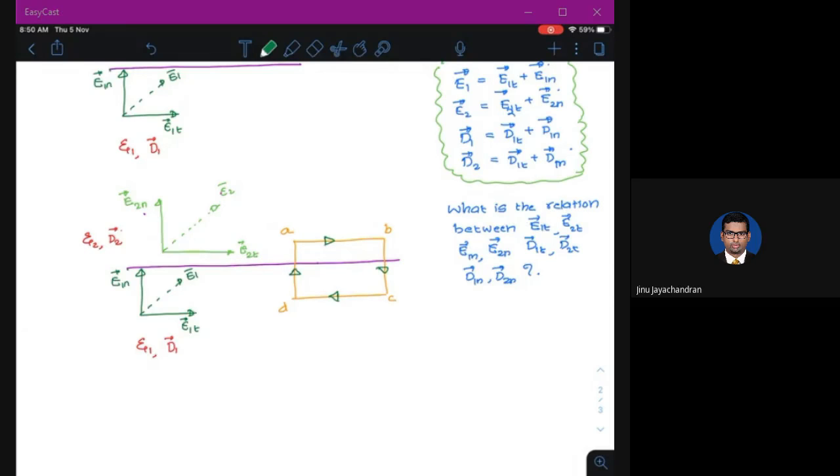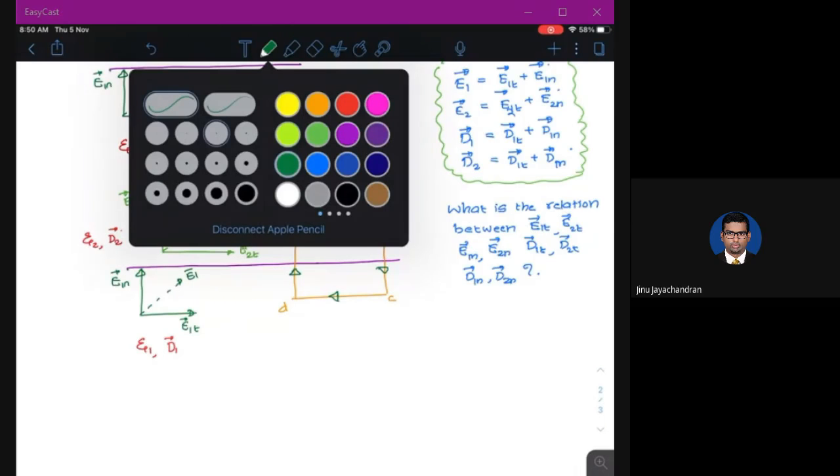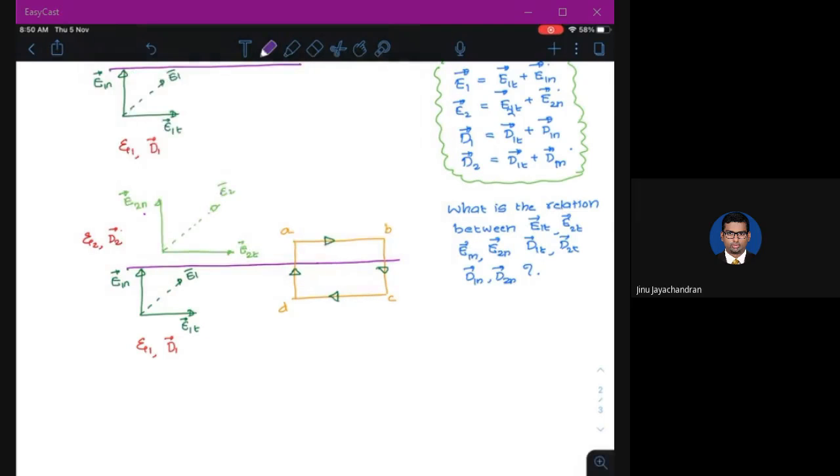And we have already derived an expression that the integral of E dot dl is 0 in a closed path. We'll see that. Let the distances be, let's say this is delta h by 2, this much distance, and this is delta h by 2, this much distance.